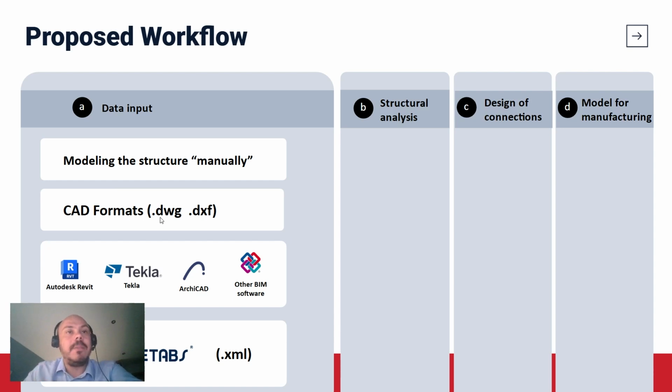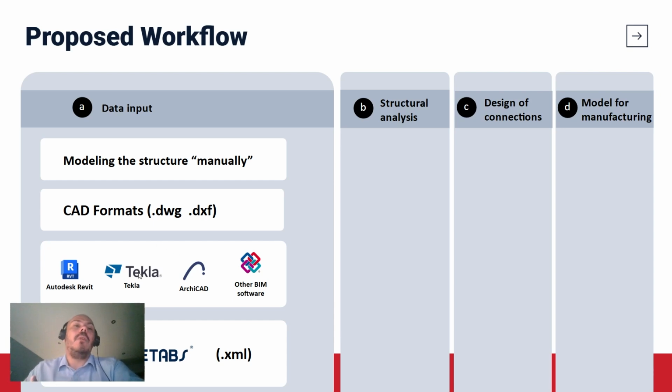Okay, there's a third way, that is if you already have a BIM model, for example, let's imagine you already developed your model, you already analyzed the structure, and you have the structural model developed with Autodesk Revit or with Tekla or with ArchiCAD or any other software that exports IFC.